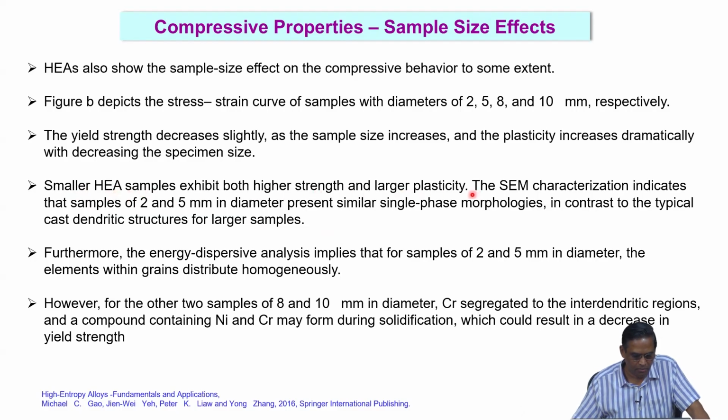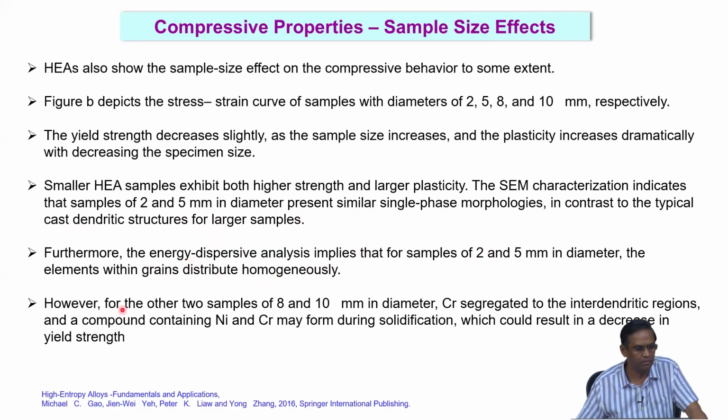Smaller high entropy alloy samples exhibit both high strength and larger plasticity. The SEM characterization indicates that the samples of 2 and 5 mm in diameter present similar single phase morphologies, in contrast to the typical cast dendritic structure for larger samples. So, a cast dendritic structure will always have a lot of defects and multiple phases. EDS analysis implies that in the samples of 2 and 5 mm in diameter, the elements within the grains distribute homogeneously.